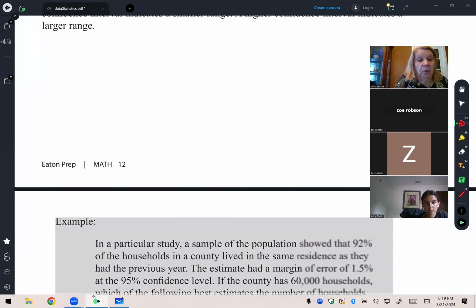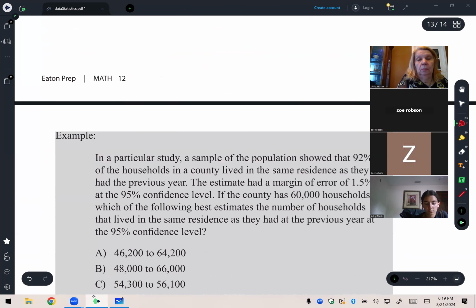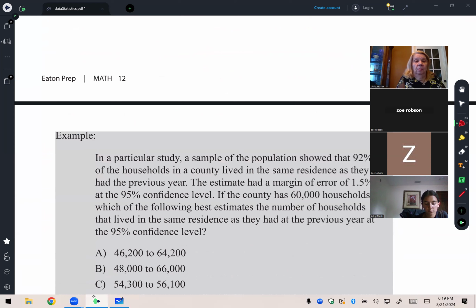So let's look at this problem. In a particular study, a sample of the population showed that 92% of the people lived in the same residence as they had the previous year. It has a margin of error of 1.5%.